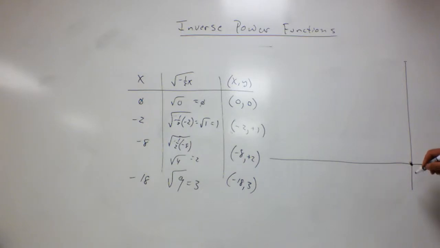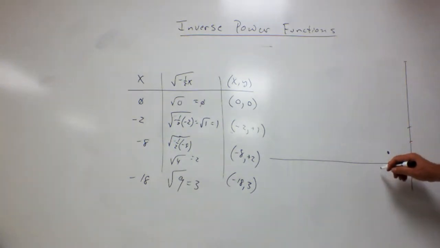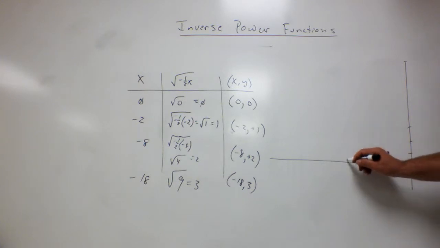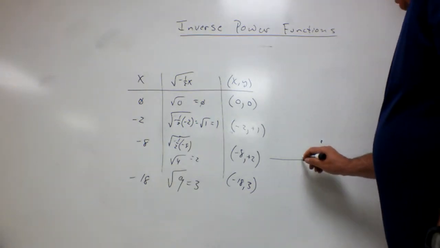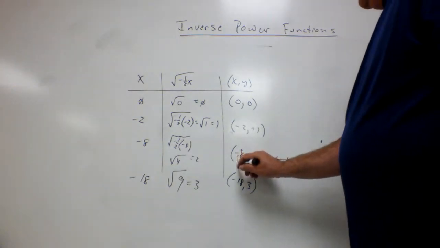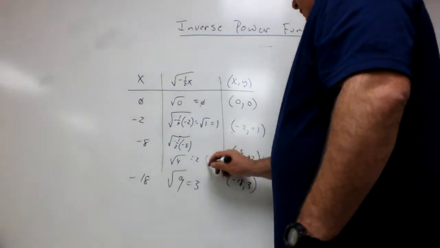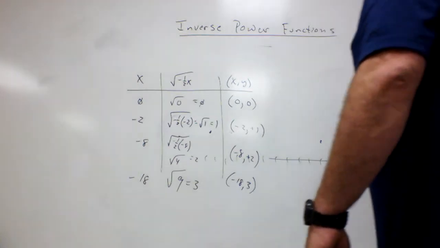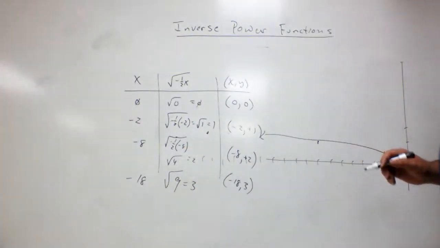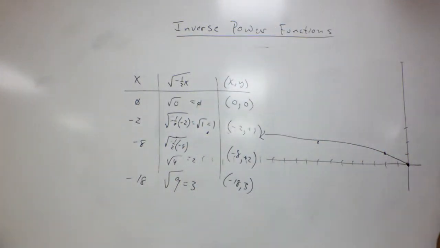But if we go 2, we're at 1. If we go 3, 4, 5, 6, 7, 8, we're at 2. And if we go 9, 10, 11, 12, 13, 14, 15, 16, 17, 18, we're at about 3. So our graph is going to go like that for the inverse power function.